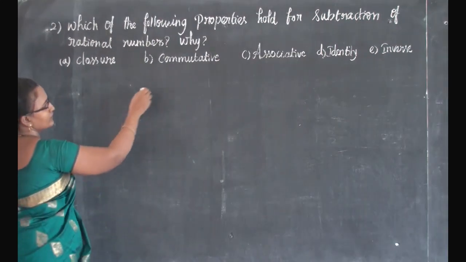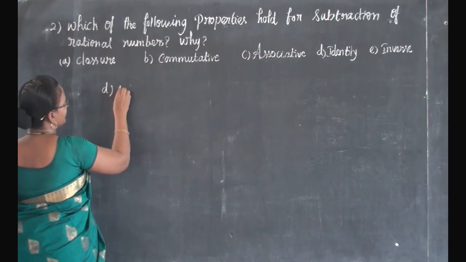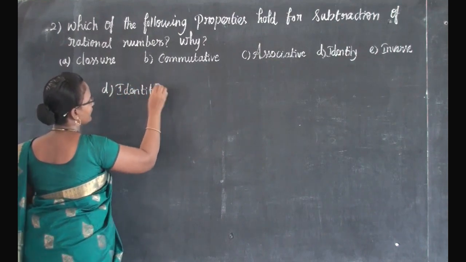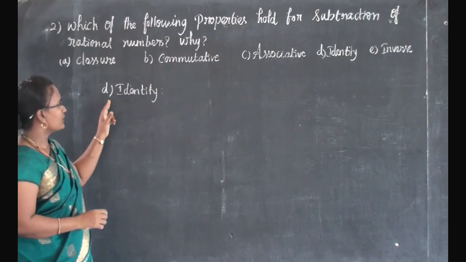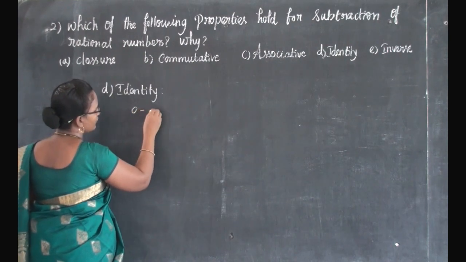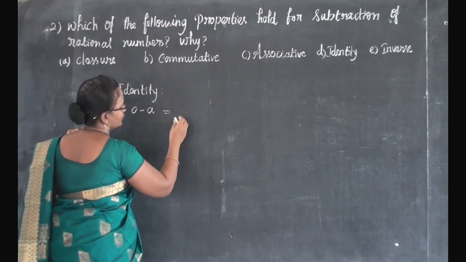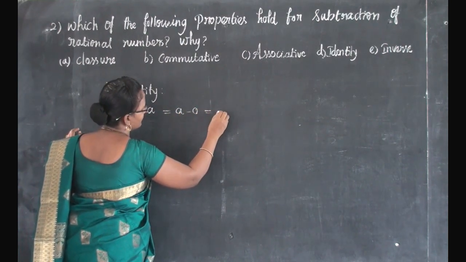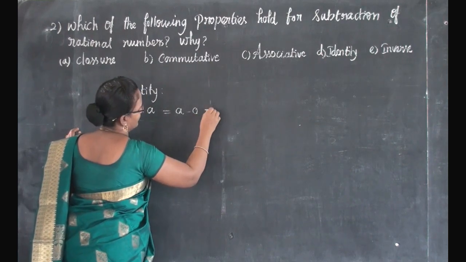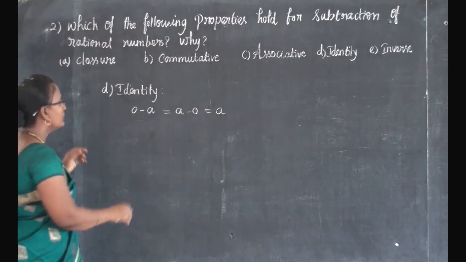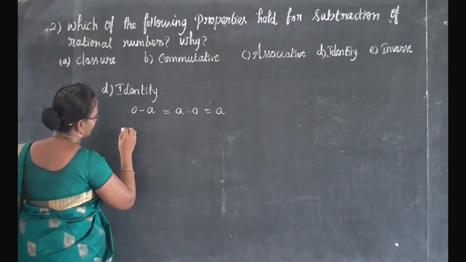And next one, the identity. Subtractive identity means 0 - A equal to A - 0 equal to A. Is it true? Check whether true or false.